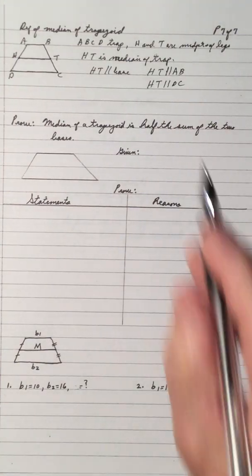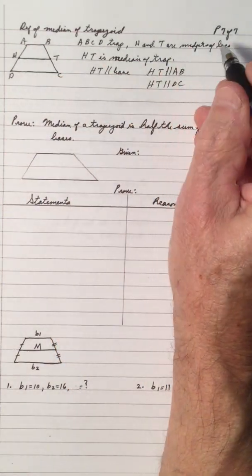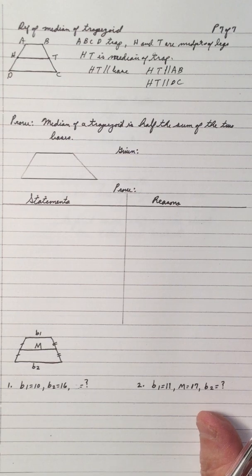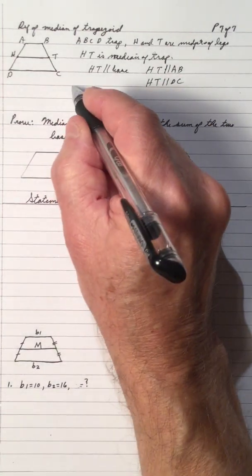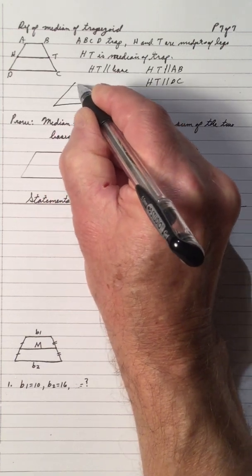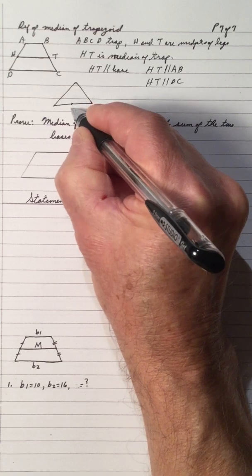So the median is joining the 2 midpoints of the legs. Okay, now that we explain what a median of a trapezoid is, remember, this is in a median of a triangle.